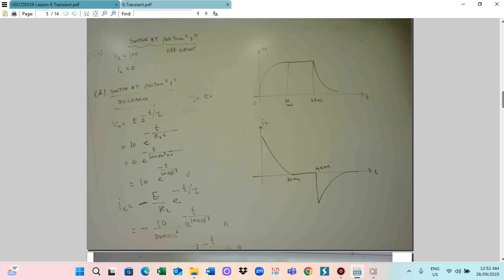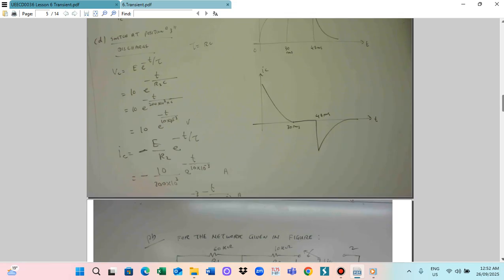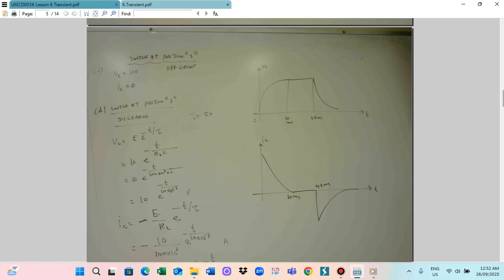And also the voltage across the resistor, VR, is equal to E into e power minus t by RC. So the voltage across the resistor, the voltage across the capacitor, and the discharging current, we can calculate by these formulas.